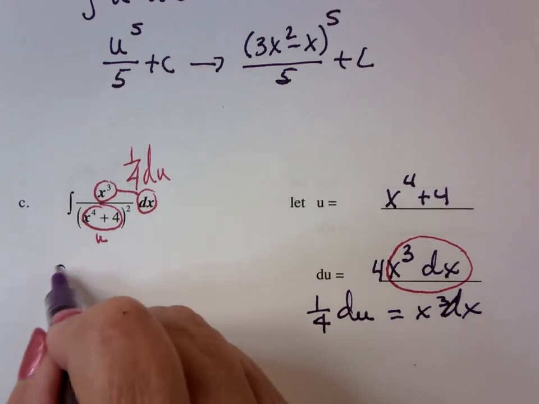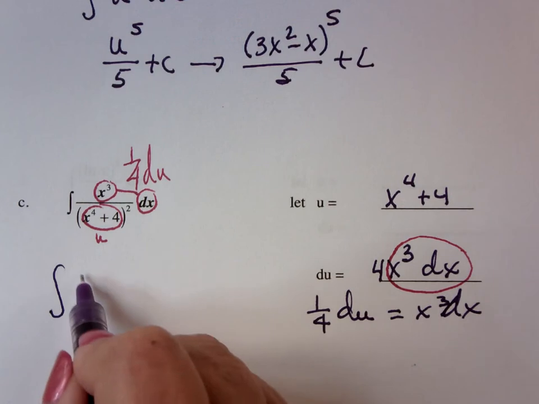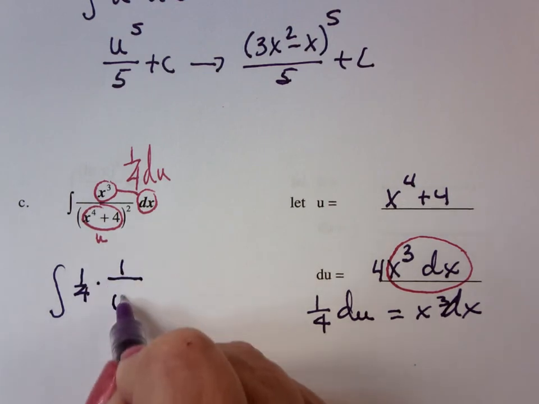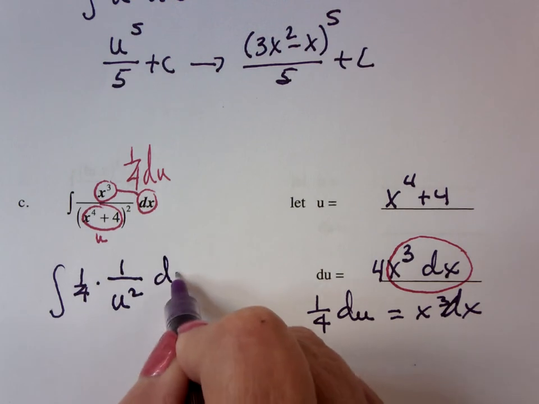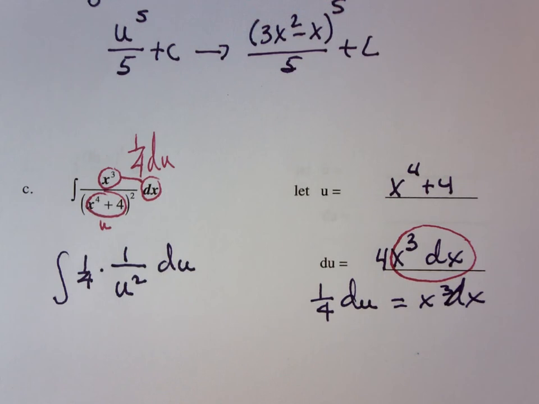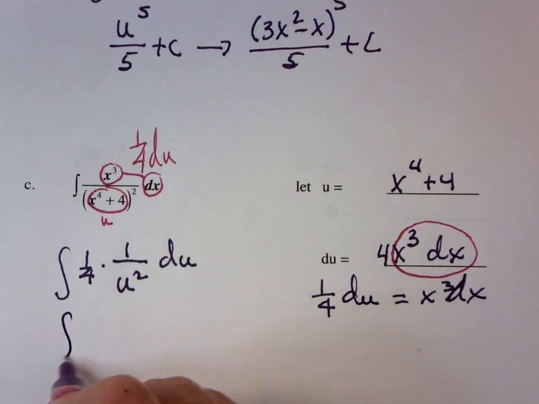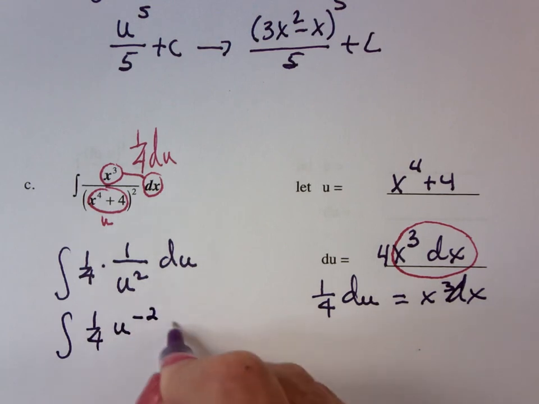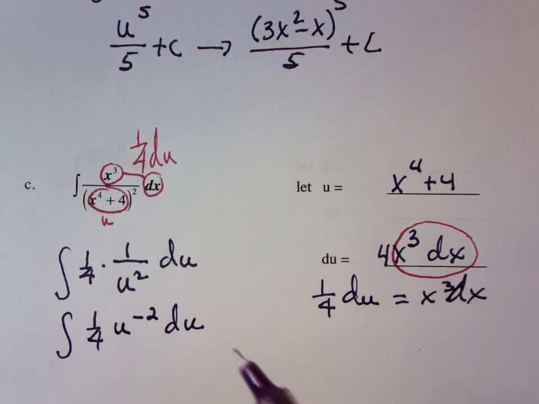So this is now the integral of 1/4 times 1 over u squared du, which is a basic, right? So it's the integral of 1/4 u to the minus 2 du. If it were 1 over u, that would be natural log.